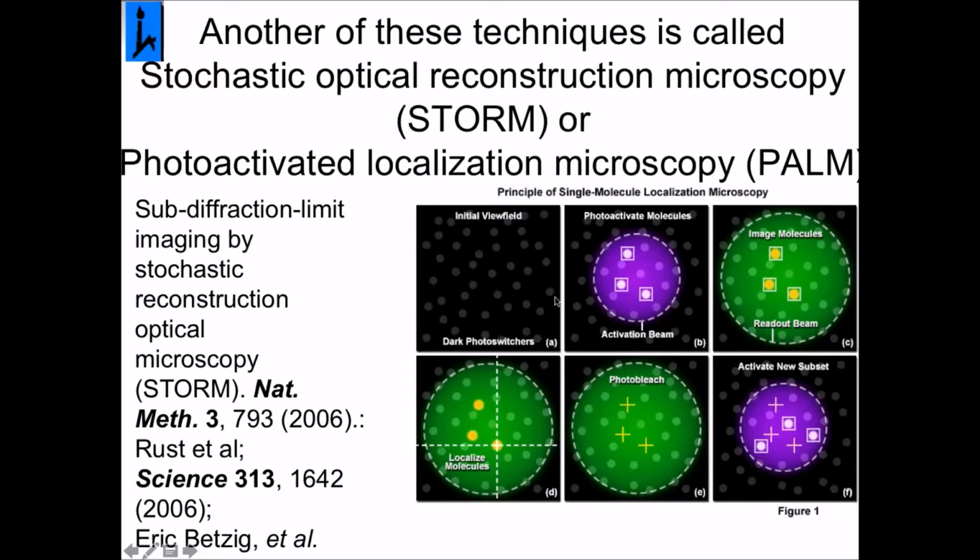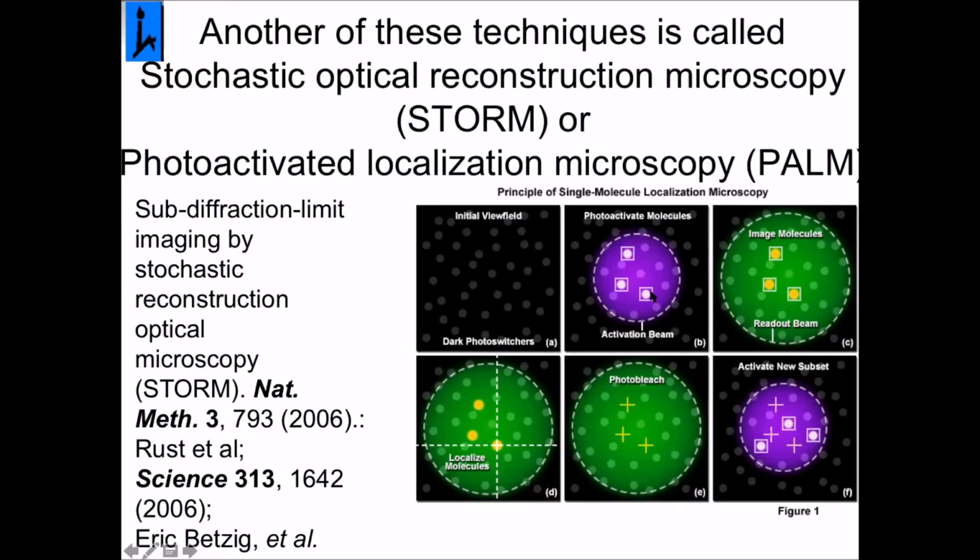This fluorescent molecule is very unique because when you shine UV light on it, it becomes visibly active as a fluorophore, as a fluorescent entity, okay? So now, let's say you give one pulse of light in the UV, and 3 of those molecules become fluorescent in the visible.